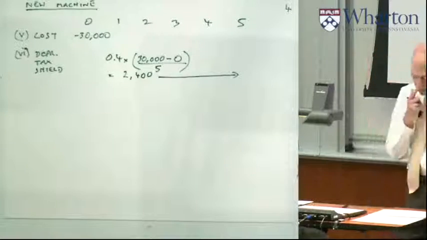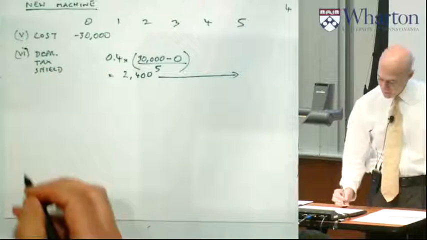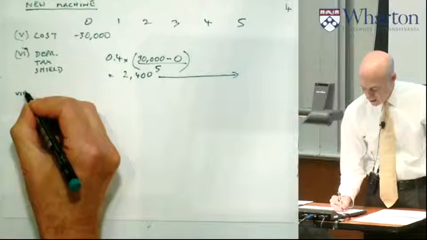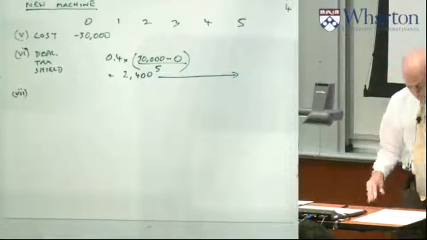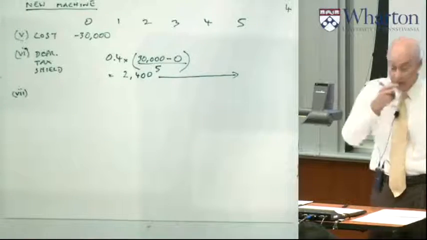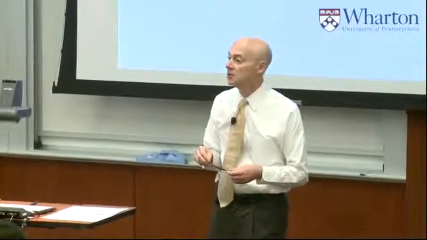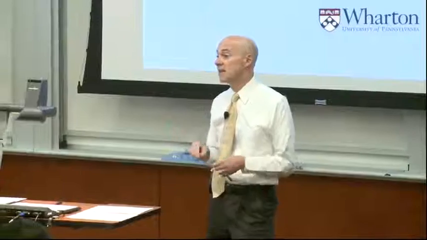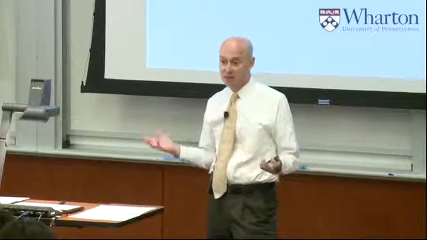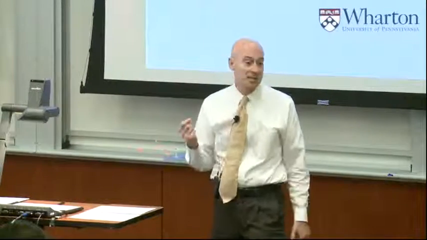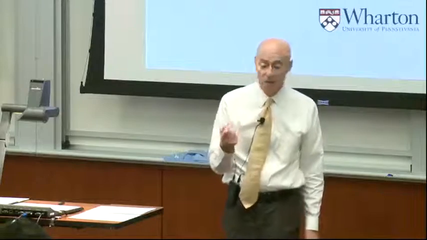So that's how we do it. And then, what else would we normally have but we don't have here? Normally we get what at the end? A salvage value. In this case it's 0 though, so we can ignore it.